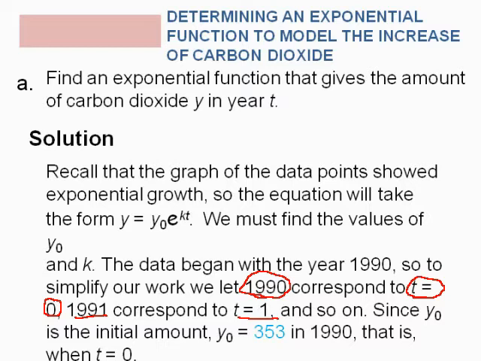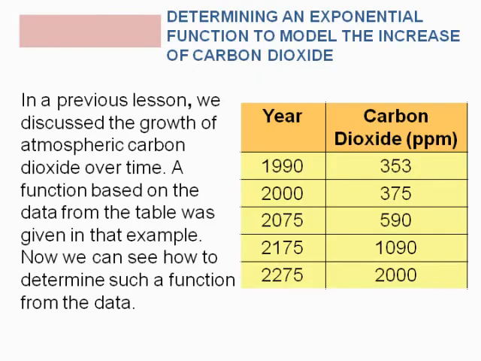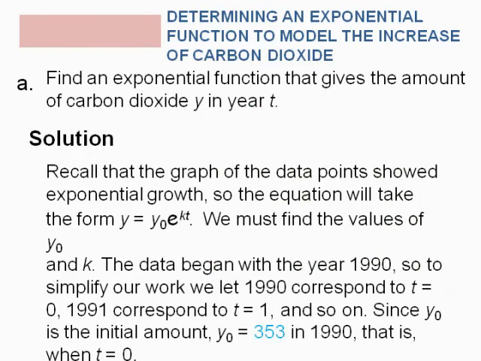So y sub naught, the initial amount, is 353 in 1990. That's when t was equal to 0. So right here, we're going to call this t equals 0 and so forth.